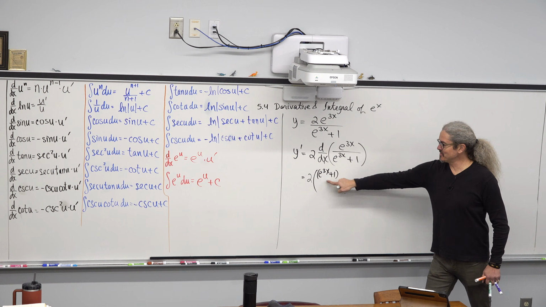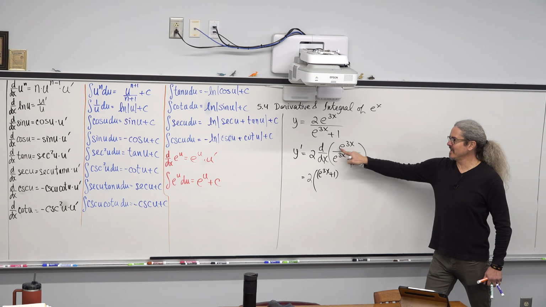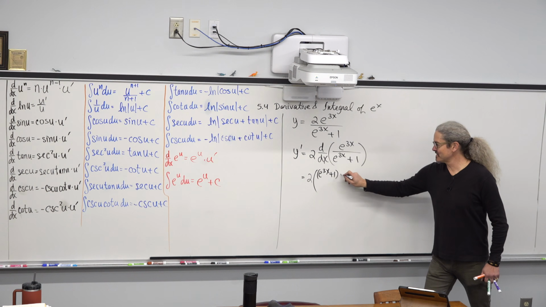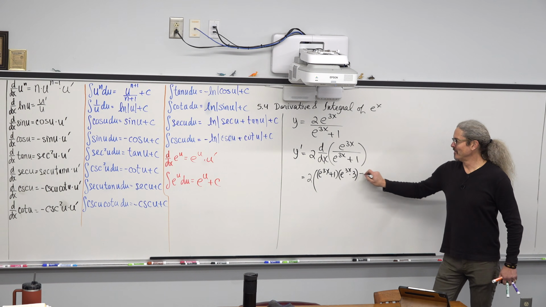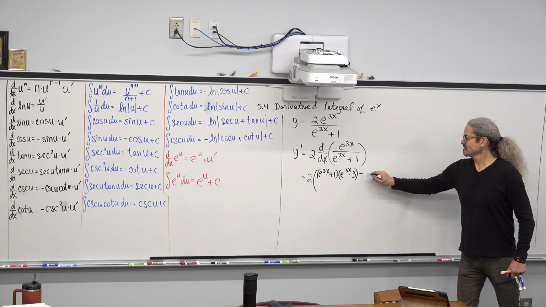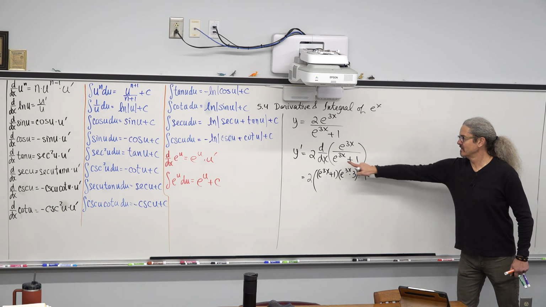So the low d high, so the derivative of e to the u is e to the u times u prime. Awesome. Minus high d low.